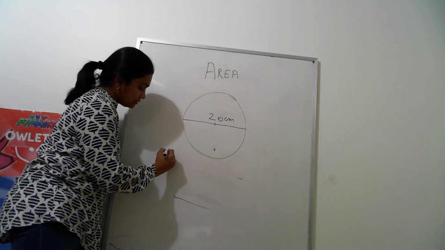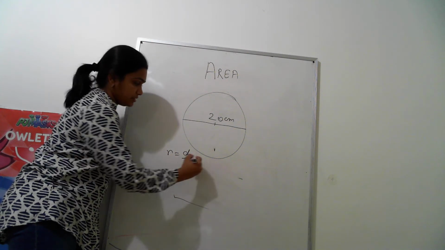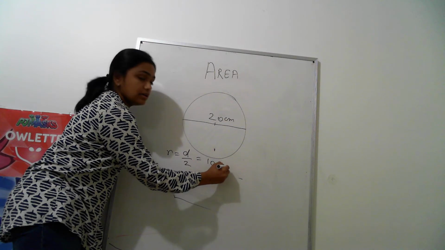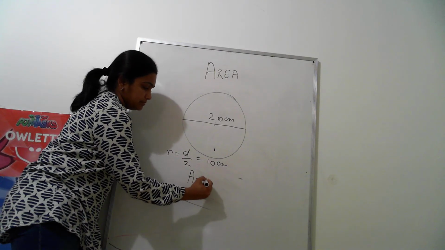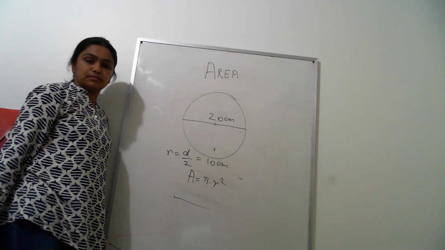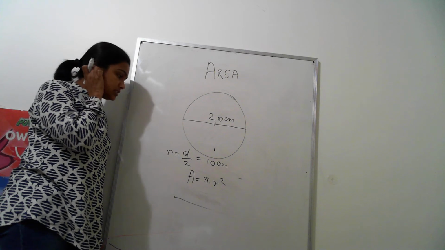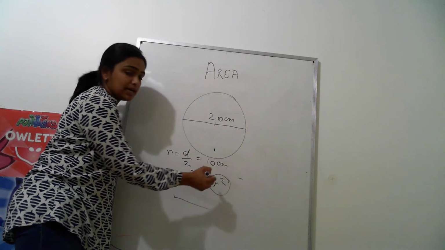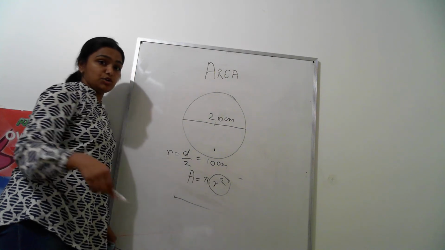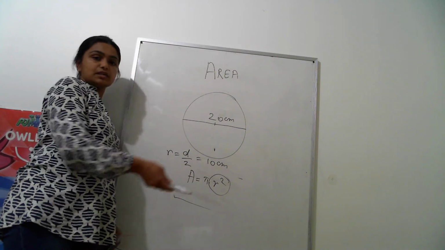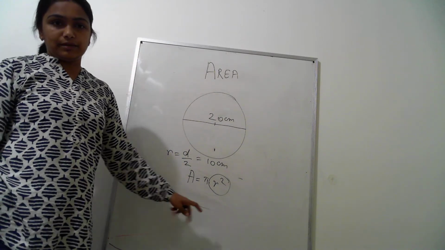First, you will calculate the radius by dividing the diameter in half, which will be 10 centimeter, and then you will apply it in the formula. Do not directly put the diameter, or try to change the diameter by doing calculations here, because this is square. You might get confused. So first convert diameter into radius and then put it in the formula.